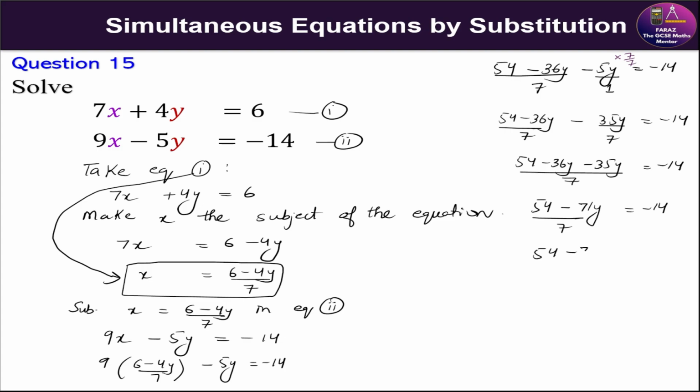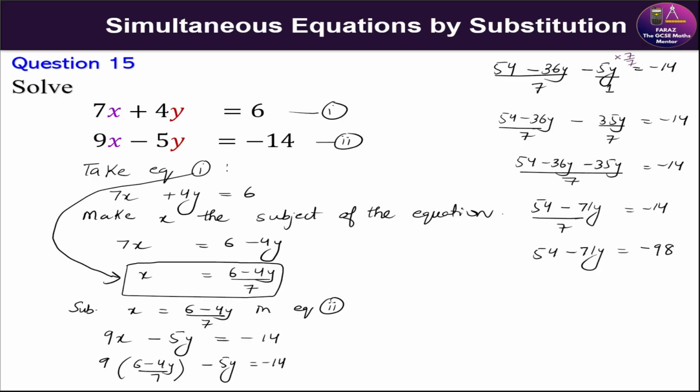Now you just have to multiply 7 with negative 14, as 7 is in division. So what is the inverse of division? It is multiplication. So negative 14 times 7 will give you minus 98.